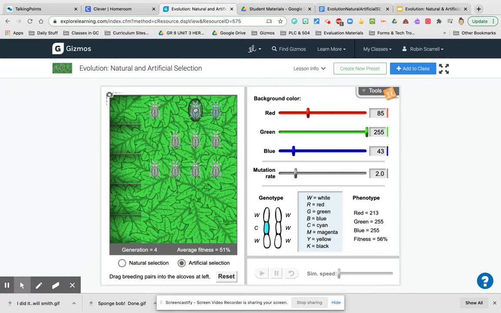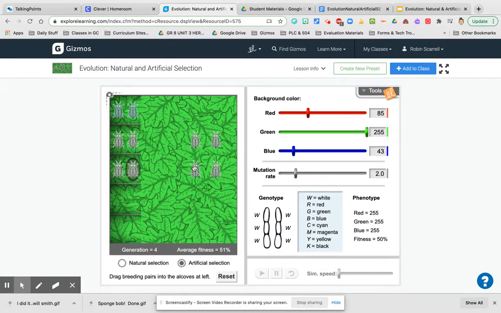Okay, so that's 10. So we're going to take this. But it's at the same place. Right?